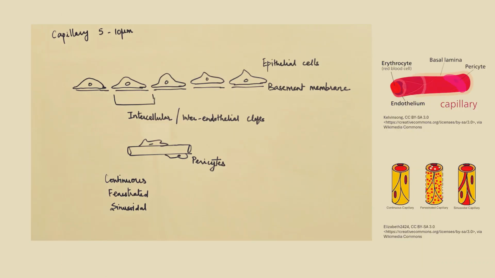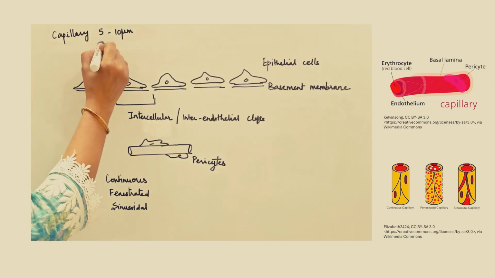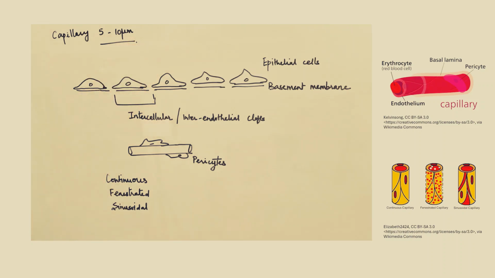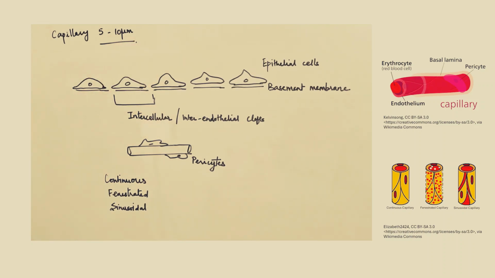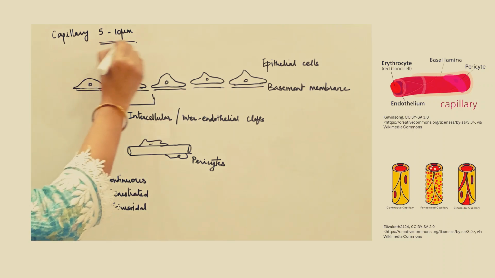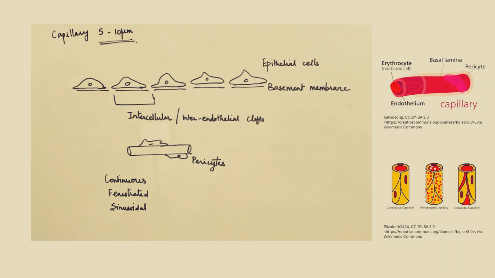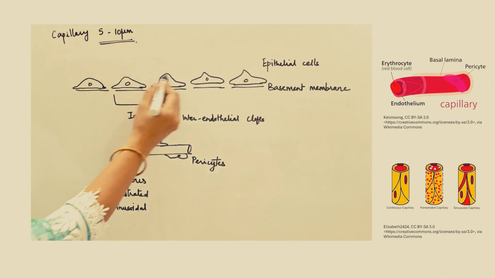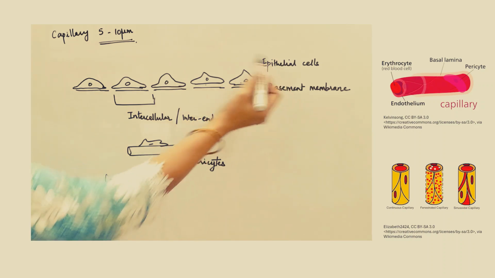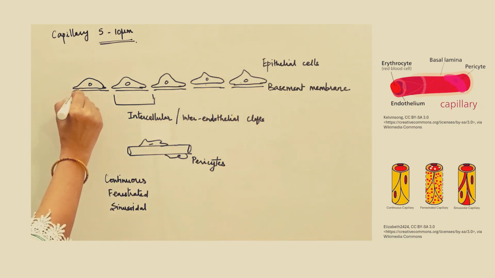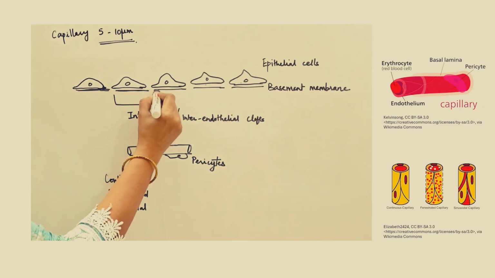Now let's look at the structure of capillaries as a whole. Capillaries are extremely thin, and this allows for efficient diffusion of substances. The diameter of a capillary lumen ranges from 5 to 10 micrometers. The walls of the capillaries are composed of a single layer of epithelial cells surrounded by a layer of protein called the basement membrane.